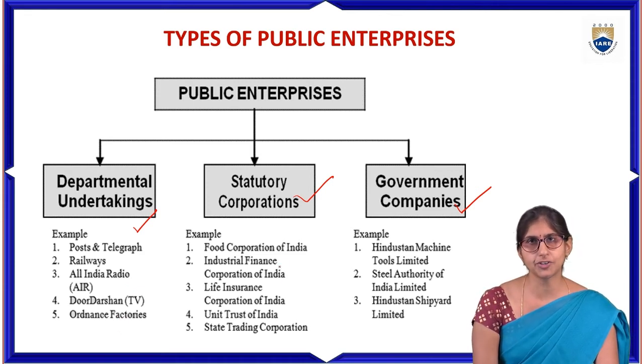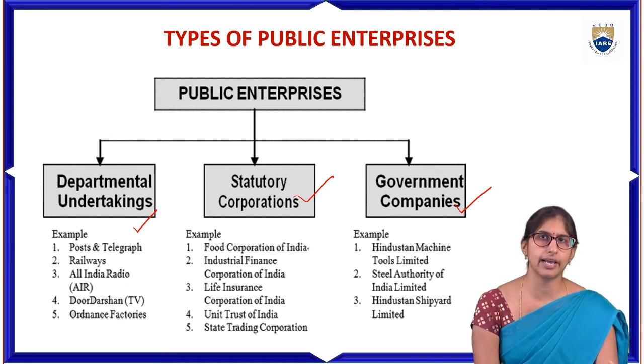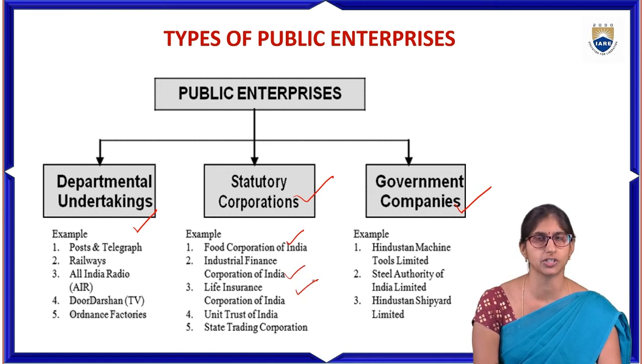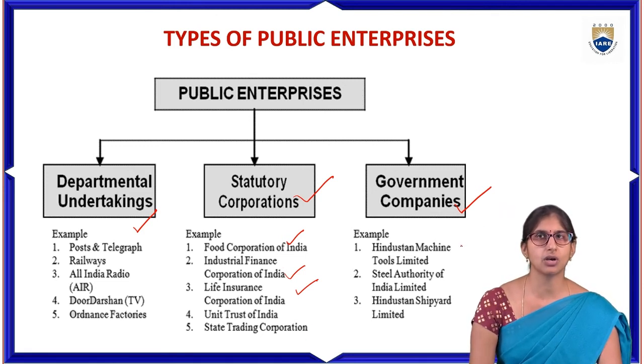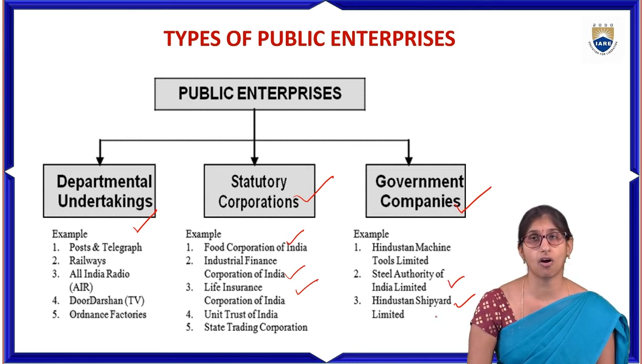Coming to statutory corporations, we see Food Corporation of India, Industrial Finance Corporation of India, Life Insurance Corporation. All these come under statutory corporations. And coming to government companies, we see Hindustan Machine Tools Limited, Hindustan Shipyard Limited, Steel Authority of India Limited, BHEL. All these are government companies.